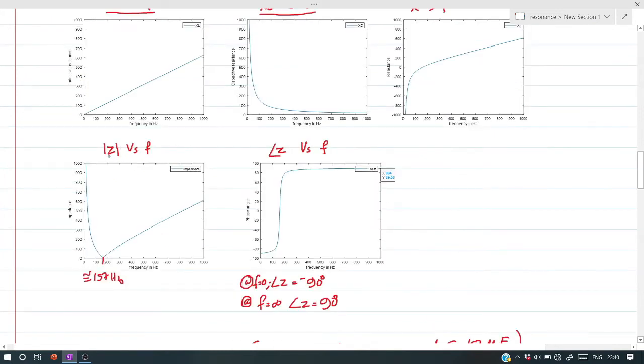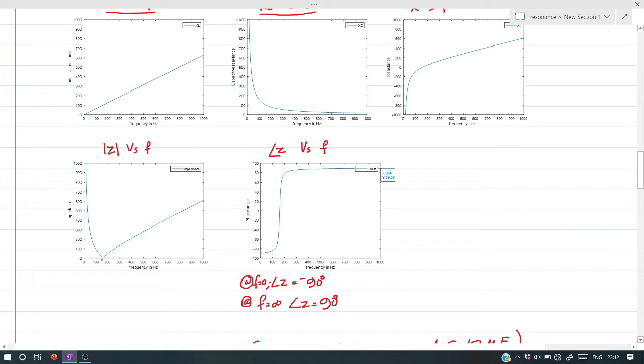And this graph gives the variation of magnitude of impedance with respect to frequency. As seen in this graph, the magnitude of the impedance is very high initially, and as frequency increases, the magnitude of the impedance starts decreasing and it reaches a minimal value, which corresponds to the resistance value, that is 10 ohm.